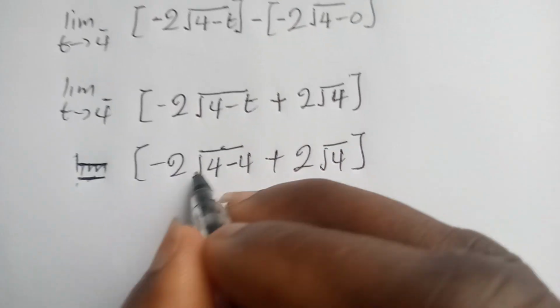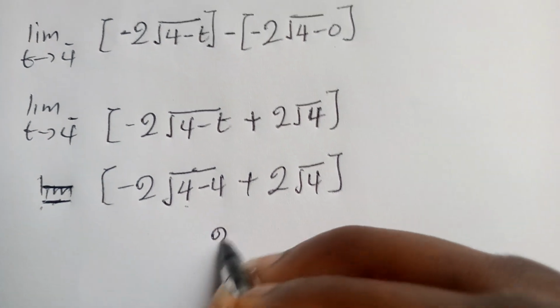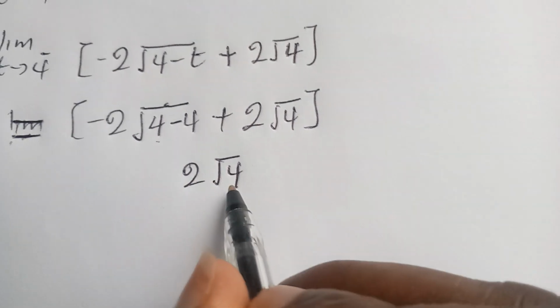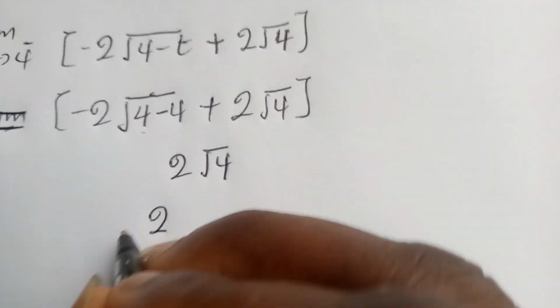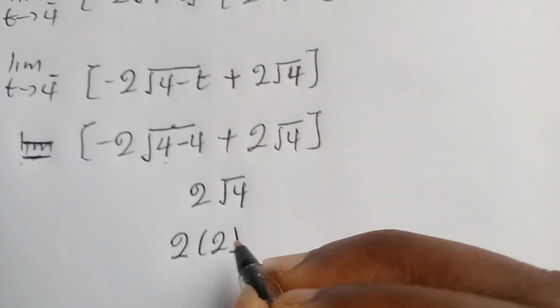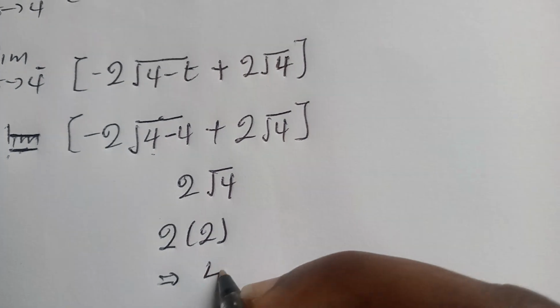So this will give us 0, then we'll have 2 root 4. Now you realize that 4 is a perfect square, so that is going to give us 2, multiplied by 2. So we'll have the final answer to be 4.